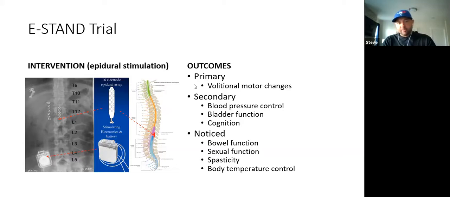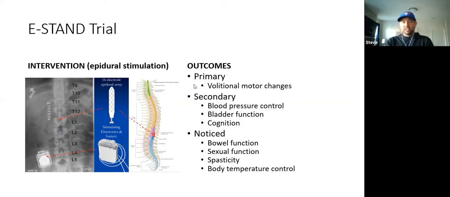Basically, there's a battery pack on my lower back on the right side of my body. And then that paddle that you see in the little blue part of the screen has a whole bunch of different channels on it, and that stimulates different nerves in my body. The primary outcome that they're looking for would be to get some volitional movement, any movement below my injury level.